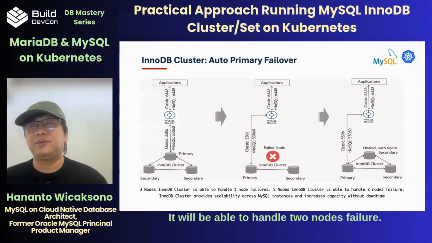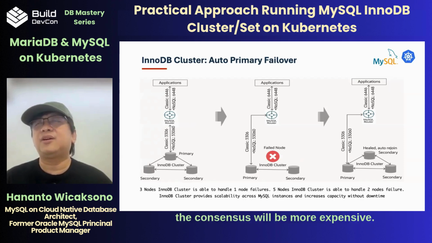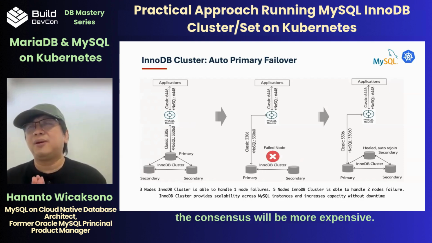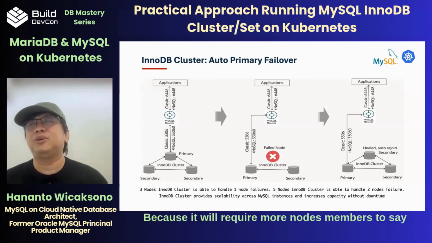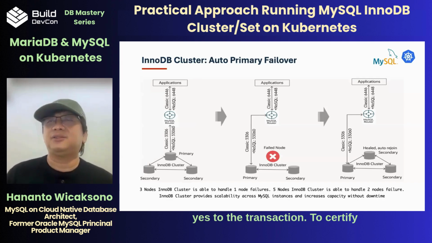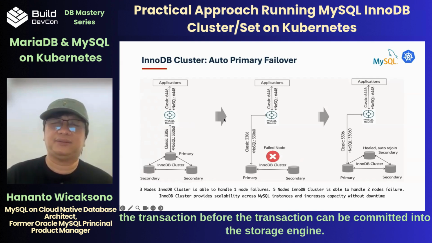A 5-node InnoDB cluster will be able to handle 2-node failures. And please bear in mind, the more InnoDB cluster nodes, the more expensive the consensus will be, because it requires more member nodes to say yes to certify the transaction before it can be committed into the storage engine.